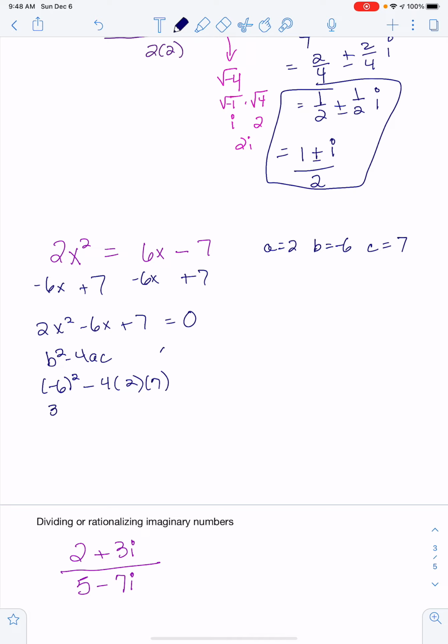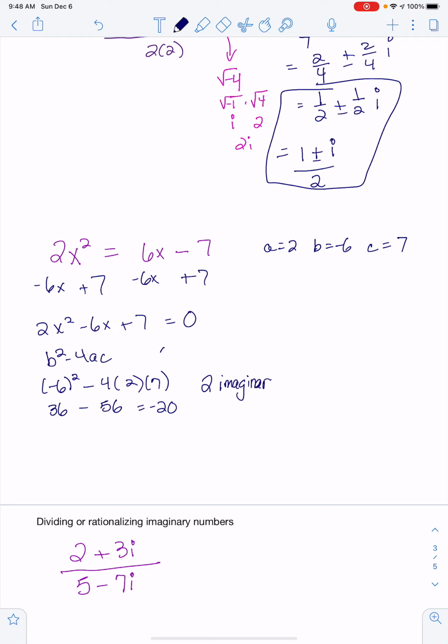That's going to give me 36 minus 8 times 7, which is 56. It's going to equal -20. So once again, because of the plus or minus in the quadratic formula, you're going to see there are two solutions, and because it's negative, they're going to be imaginary.